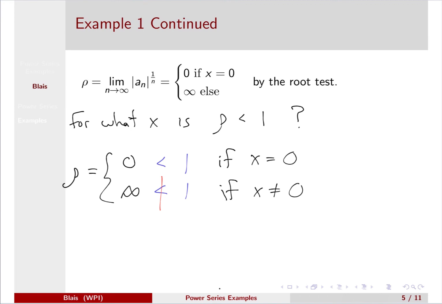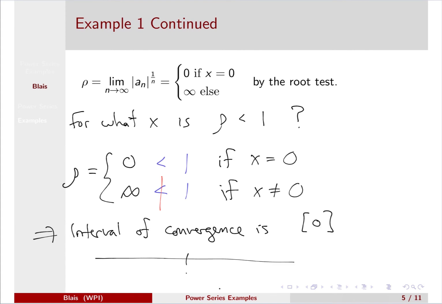This means our interval of convergence is the lone point of 0. So the only point at which this series converges is x equal to 0.